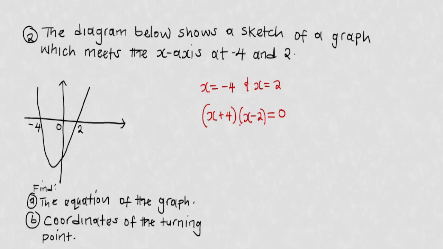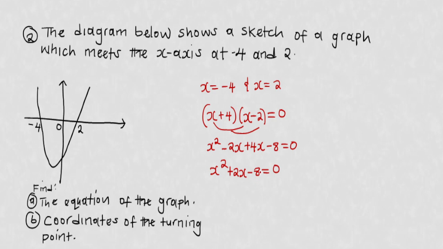So in multiplying this, I'll say x times x, that is x squared, then x times negative 2, that will be negative 2x, 4 times x, that will be positive 4x, then 4 times negative 2, that will be negative 8, is equal to 0. So this will be equal to x squared, then negative 2x plus 4x will be positive 2x, minus 8 is equal to 0.